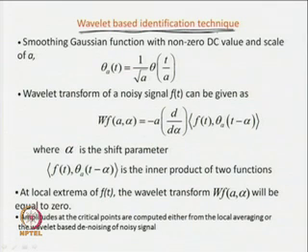Now, I will introduce some Gaussian function, some smoothing Gaussian function with non-zero DC value and a scale of A: h theta a t is equal to 1 upon square root of A theta t upon A. When you take the plot of this function, then you can see the way it appears. Now, what is theta? Theta is not time delay in this case, this is a function.